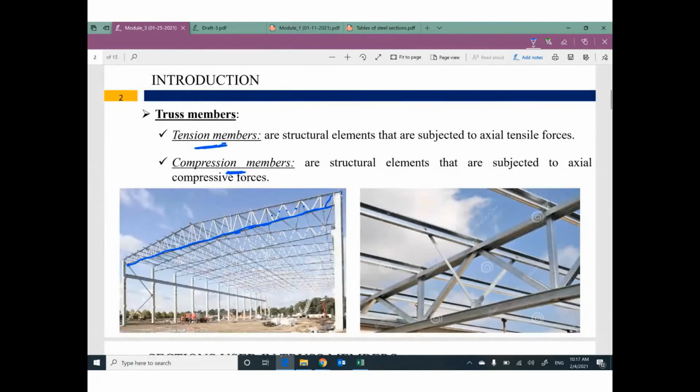As you see, this diagonal looks like this one and this one, to make fabrication and construction easier. It doesn't make sense for this one to be different from this one. We have standards, so the members will be the same for this member, this one, and this one.